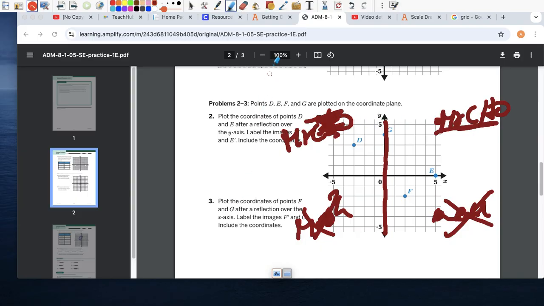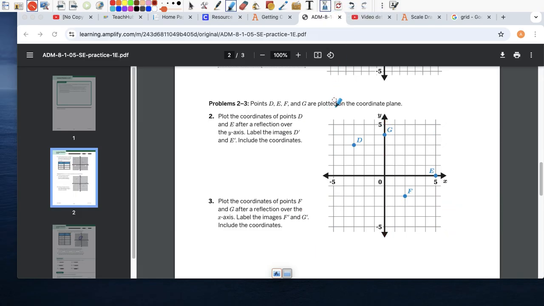the mirror. Okay, so we want to reflect over the y-axis, label the points D and E. Okay, so that's the y-axis, so here's point D. Where would D prime be? Well, let's count. 1, 2, 3. So on the other side, I'm going to count 1, 2, 3, and this is where D prime is. E. If I count E, E is 1, 2, 3, 4, 5 spaces away from the mirror.